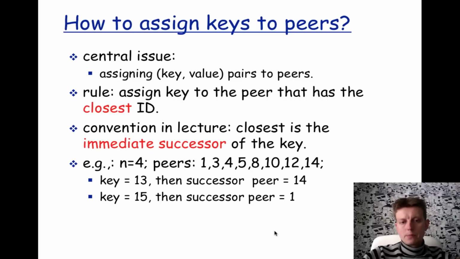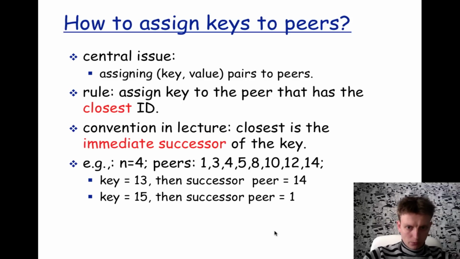So here's a simple example. Assume that our identifiers have 4 bits. It means that the identifier range is between 0 and 15. Also assume that at this particular moment we have peers 1, 3, 4, 5, 8, 10, 12, 14 present in the network.